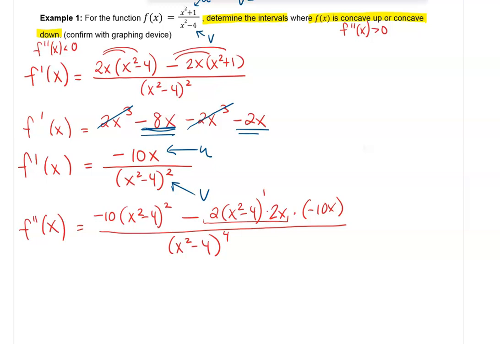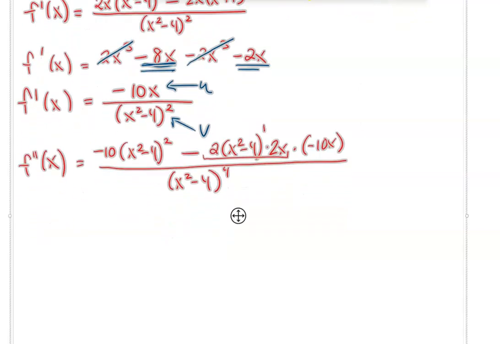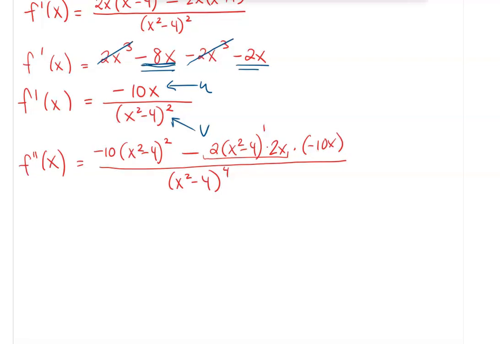Okay, so now I need to simplify the numerator of this function. That'll make it a lot easier to find what makes it 0. What I'm noticing is that I have a common factor of x squared minus 4 across these two terms. These are the two parts separated by subtraction. Maybe I'll simplify over here. I'll multiply the 2 and the 2x and the negative 10x first before I attempt the factoring.